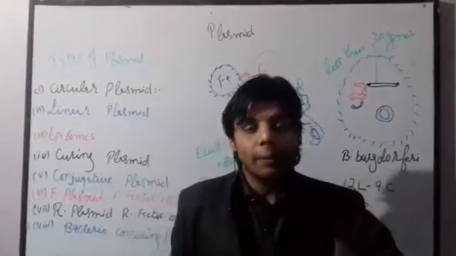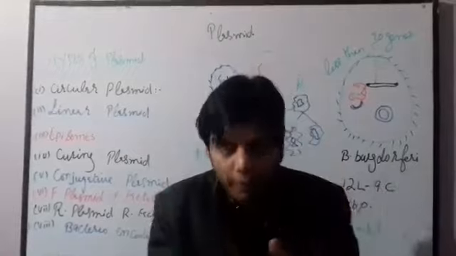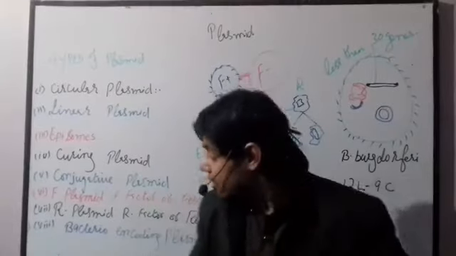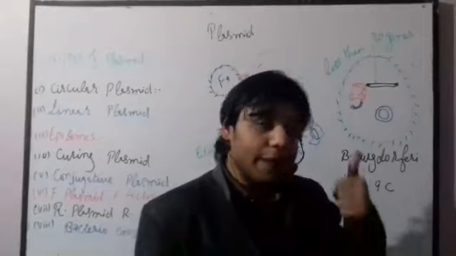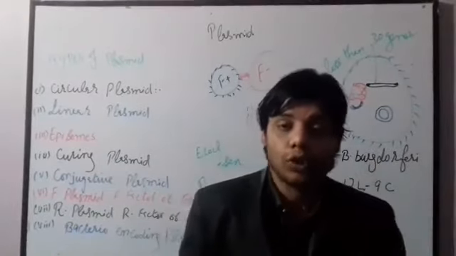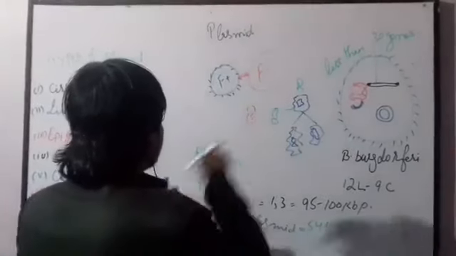So if a bacteria is present in a microbial population, and such bacteria have this kind of plasmid, then this bacteria will produce bacteriocin proteins, because they have special kinds of genes that code for the bacteriocin proteins. Let's suppose this is a bacterial cell.